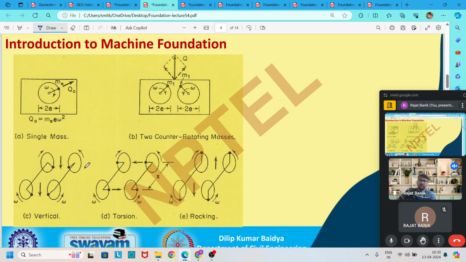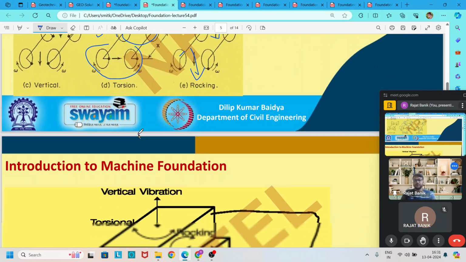If you arrange it this way, then it is called torsional vibration, because this system is rotated in this direction, and this system is rotated in this direction, so it creates a torsion. And due to this arrangement, it vibrates downward on this side and upward on this side, so it is called rocking vibration.